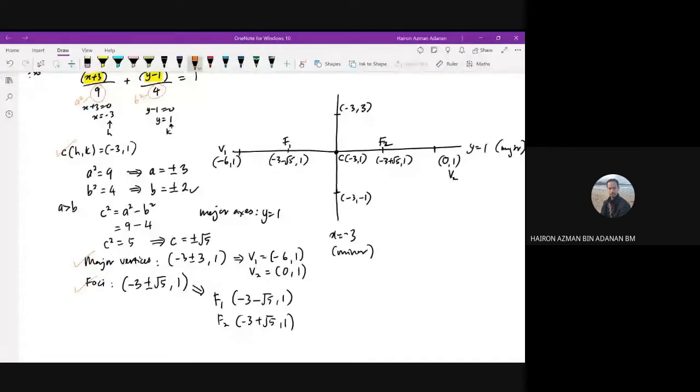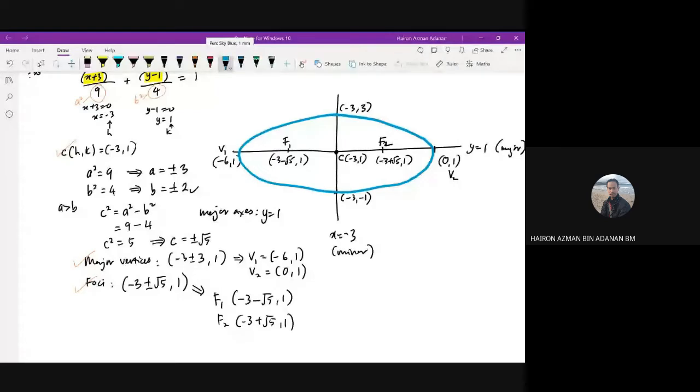Just complete your graph. How to draw? First you draw the curve. Make sure the shape is an ellipse, not a circle. That's the shape of an ellipse.